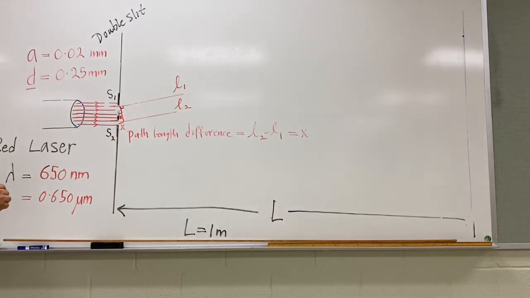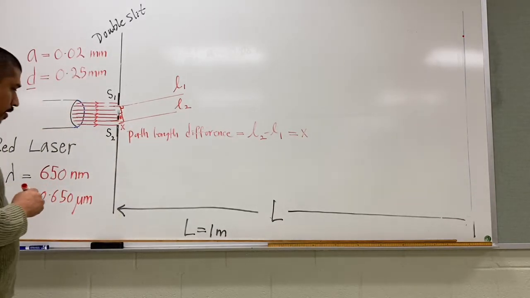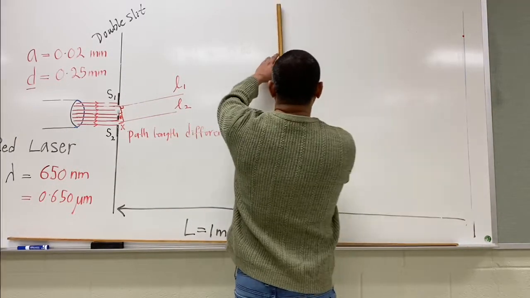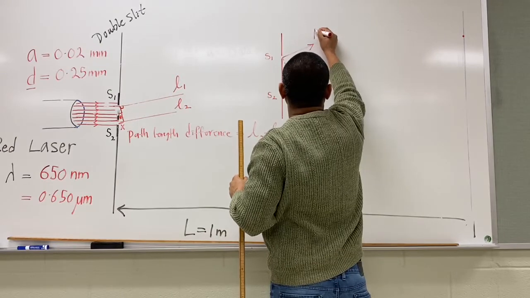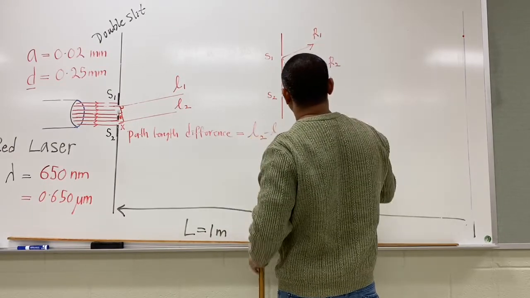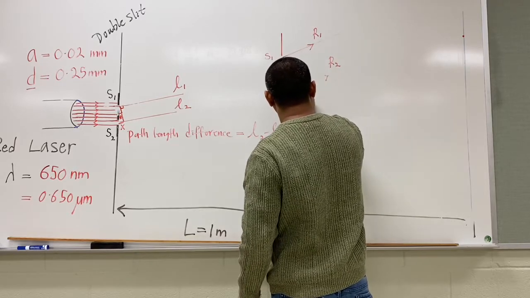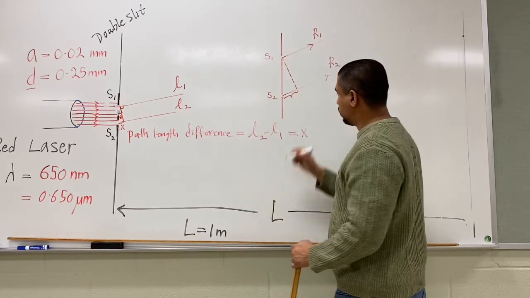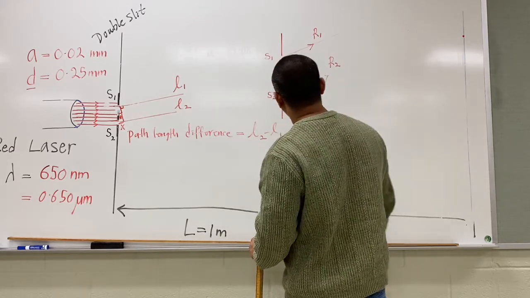Okay, so let me do the diagram here. So I have R1, and this is R2, ray 2, and this is the additional distance traveled by ray 2, and that is called the path length difference, which is X in our case.